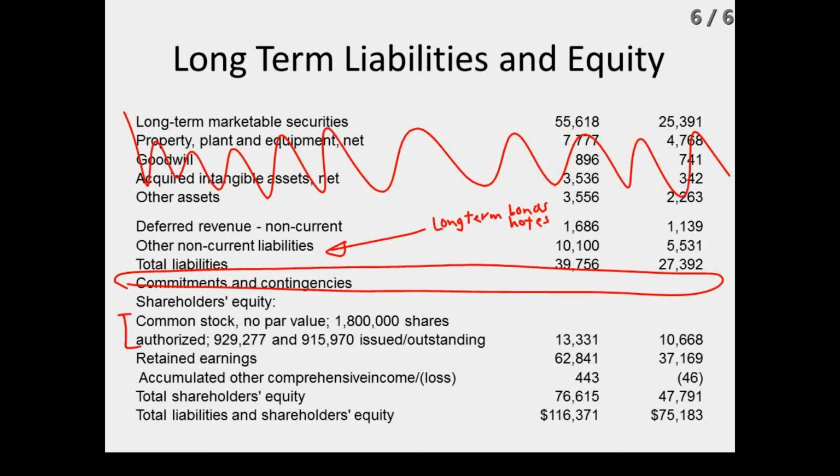Okay, you've got common stock, which is just shares to residual owners. And this is recorded at cost, meaning when you first sold the shares to your investors, they gave you a certain amount of money.